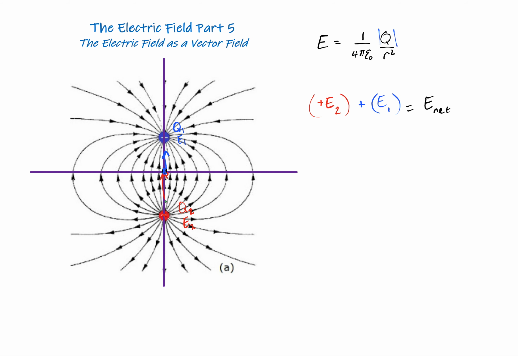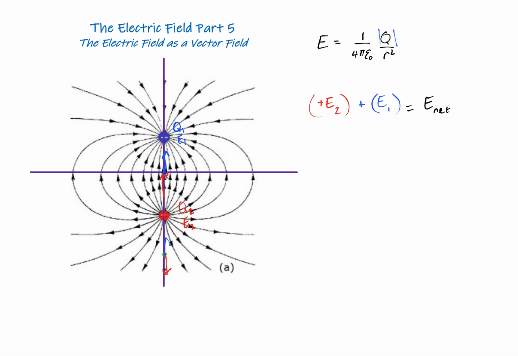But say we pick this point over here. So that point down there, if we were going to write the same statement for the net electric field, we would have to look at, okay, due to the red charge, the field direction is down at that point, and due to the other charge, the field is still pointing upwards.